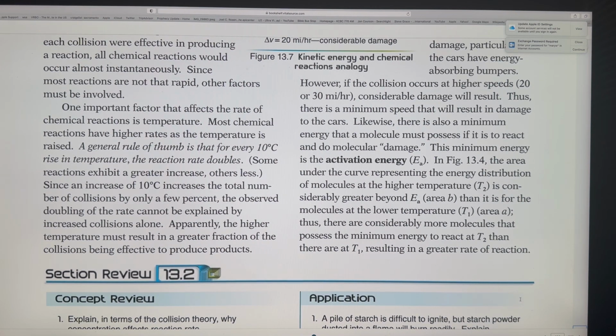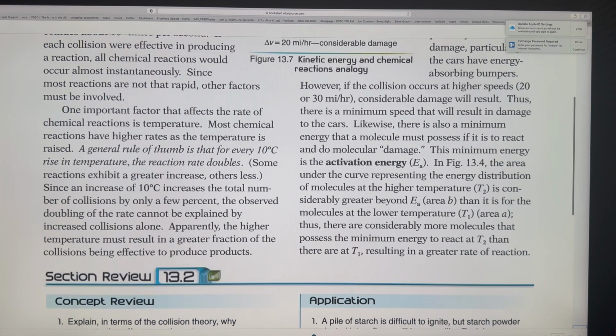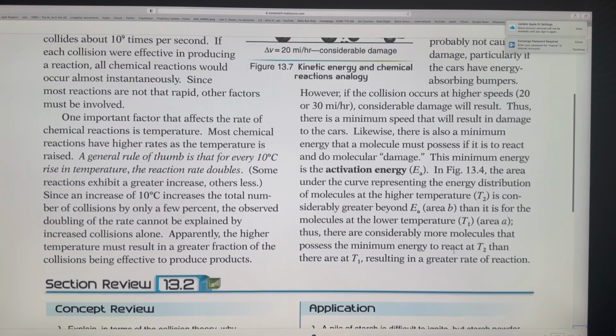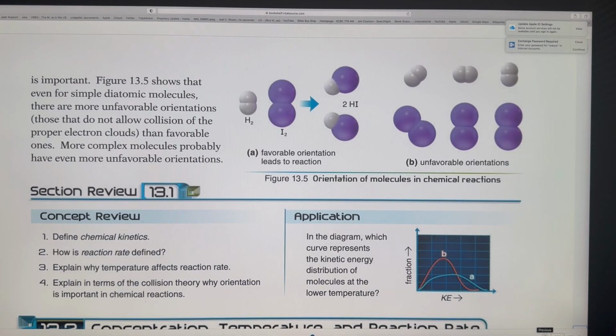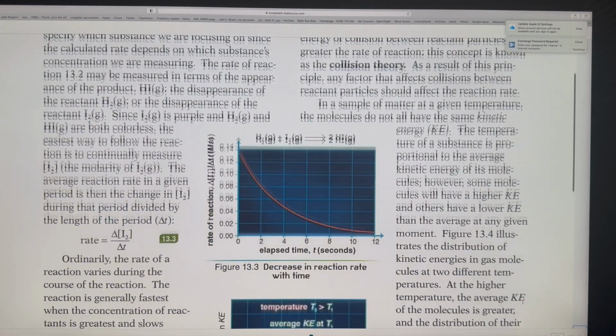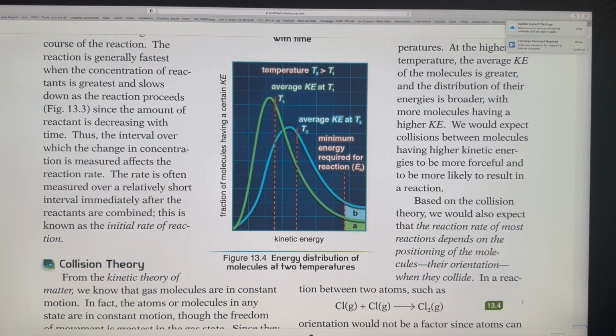Let's look at figure 13.4. Right here, with the different temperatures and energy reactions, you see kinetic energy. So the activation energy is where it's going to basically turn into another product, and that takes temperature.